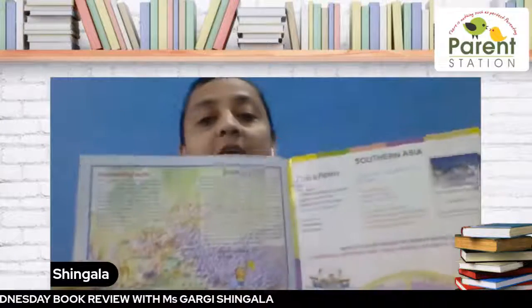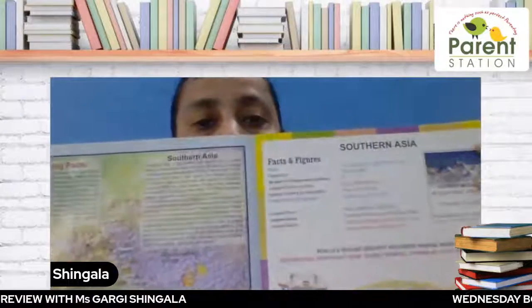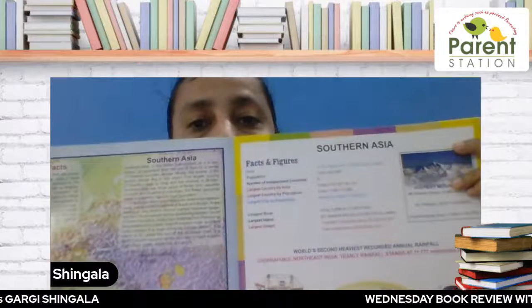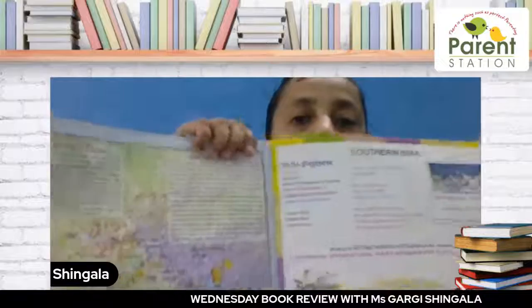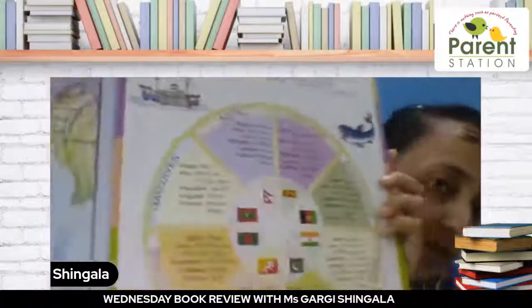Now the very first thing, let us take India. So if I want to know something about India, here it says it comes in southern Asia. Right? India is in the southern part of Asia.